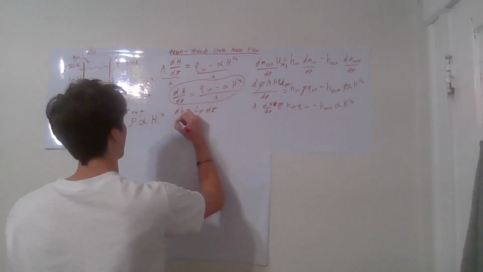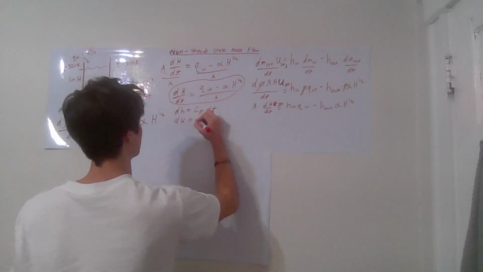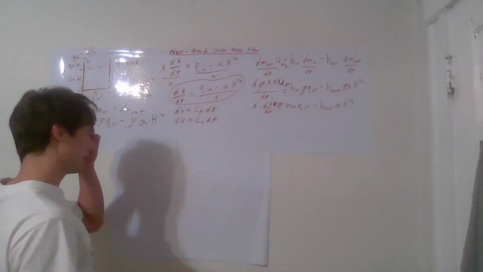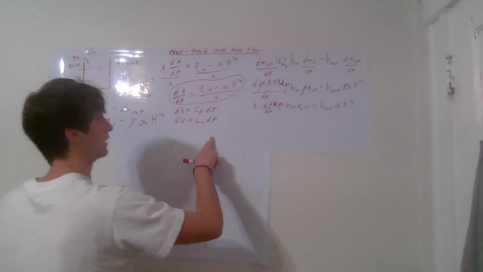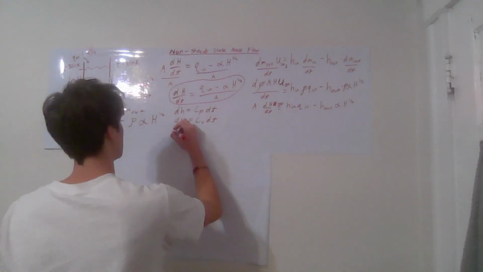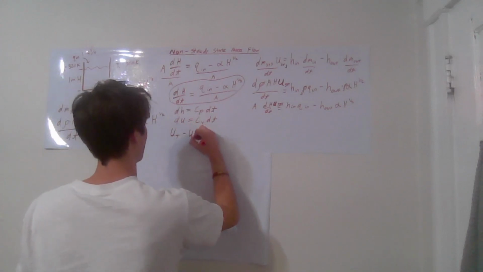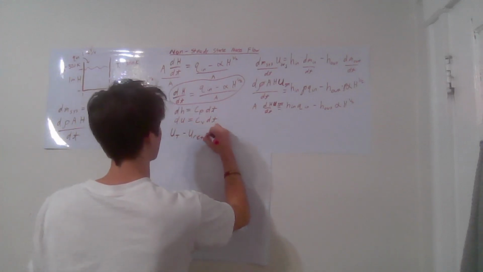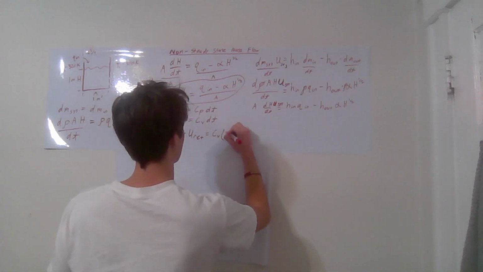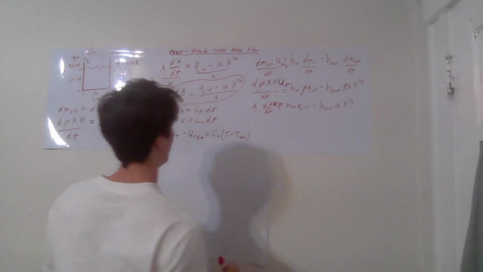And then our change in U is going to be equal to the heat capacity times our change in time. And we're also going to work with the equation to exchange our U's, which is going to be the U of our temperature minus the U reference is going to be equal to the heat capacity times T minus T reference, our reference temperature.